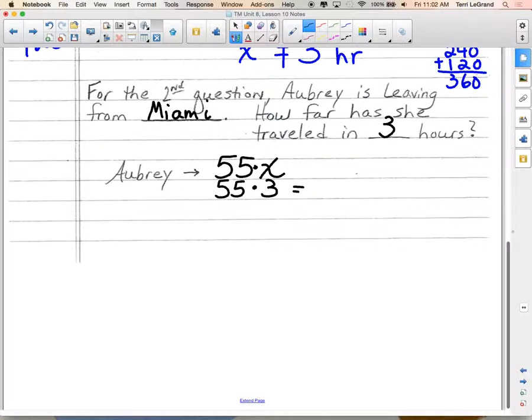Well, what's 3 50s? 50 plus 50 plus 50 is 150. And 5 plus 5 plus 5 is 15. And 150 plus 15 is, look how good we are. And that's 165 what? Miles.